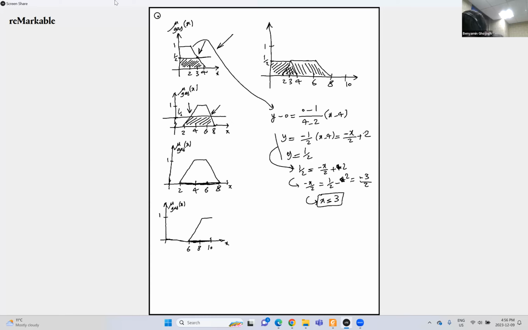Let's calculate them very fast. We don't have much time. Y minus 0. The other, and also we have y equals half.